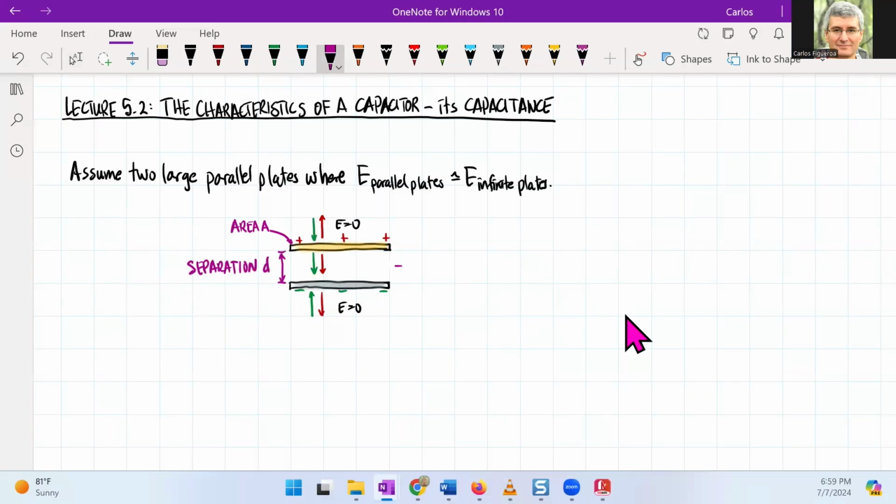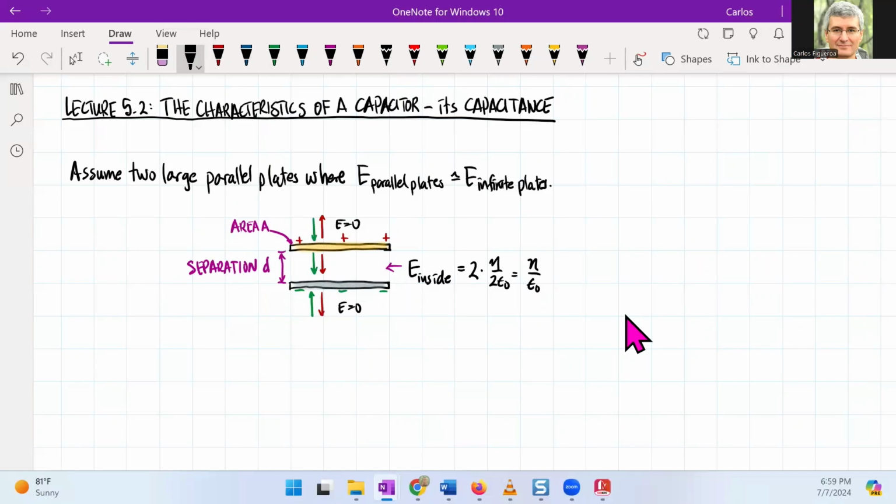So now I'm going to focus on the field right inside. When I look at this, I have two fields that are going to add. And then the value for an infinite plane is sigma divided by 2 epsilon naught, so finally we get the charge density divided by epsilon naught. That's what the field is.